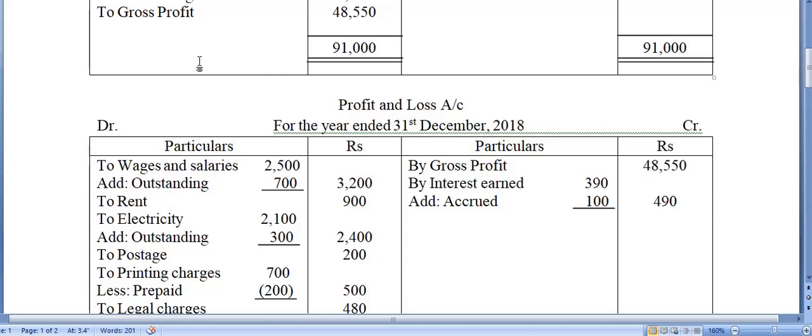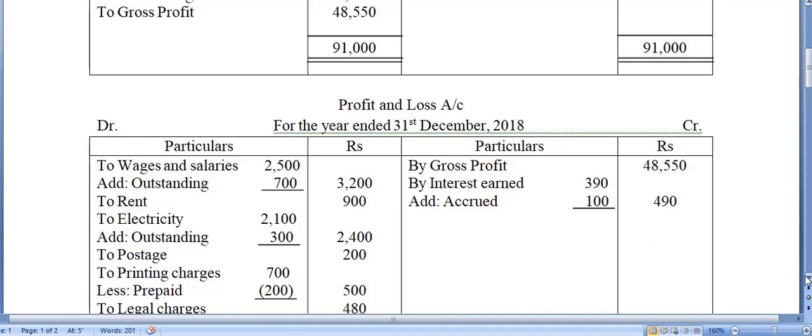Sometimes people write CD here, and they write BD also. It is your choice if you want to write CD, BD, whatever, but it doesn't make any kind of sense, so I'm not writing CD, BD and all. If a loss was there instead of gross profit, then the loss would appear towards the debit side.